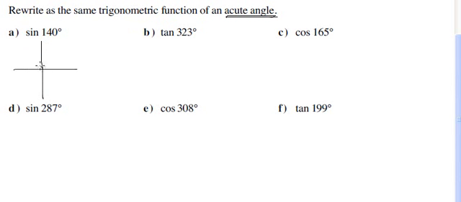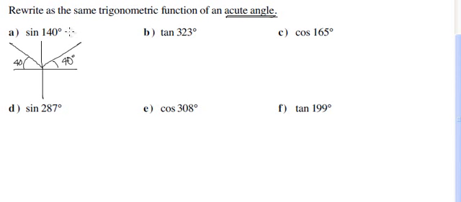So if you draw 140, there it is. What's its reference angle? Think of this as you go around to 180 degrees and then you back up 40 degrees. That's how you get to 140. So there ought to be some relationship between this triangle in quadrant 2 and this triangle, also 40 degrees, in quadrant 1.